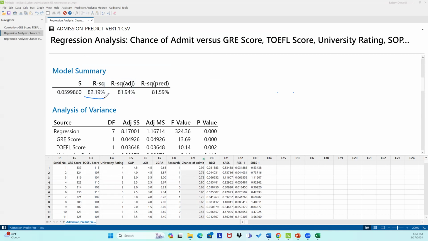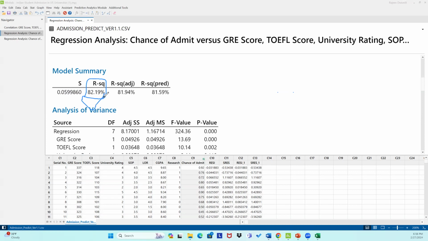In terms of wording, 82.19% chance of admission depends on GRE, TOEFL, university rating, SOP, LOR, all these variables. So 82% of chance of admission can be explained by all 5-6 variables together.